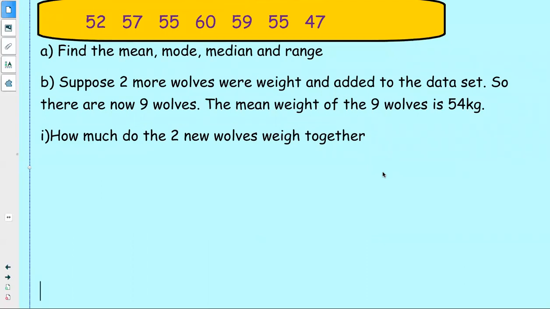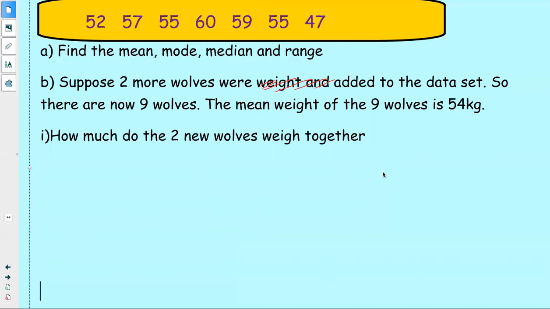So the problem solving slides that we looked at before this question is going to help us with this question. So suppose 2 more rows were added to the data set. So excuse this typo here. Just ignore this. The data set is now 9 wolves, the mean weight is now 54.